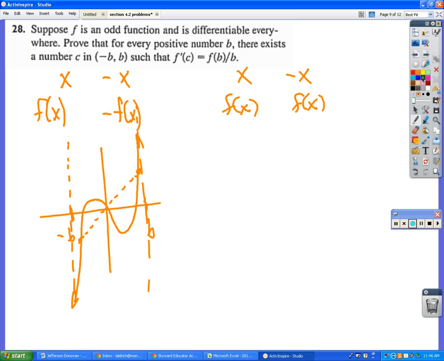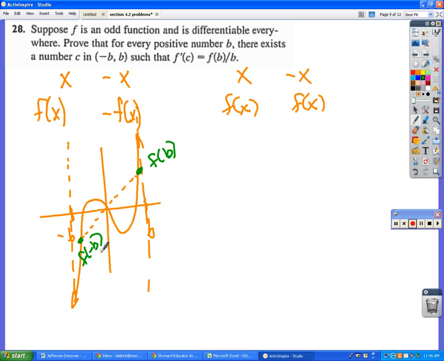According to the mean value theorem, if these are my 2 points, and let's just pretend that this is f of b right there, since I have that labeled already, and this is f of negative b right here, what the mean value theorem says is that somewhere in between those 2 points, there will be a tangent line that has the same slope as that secant line, right?